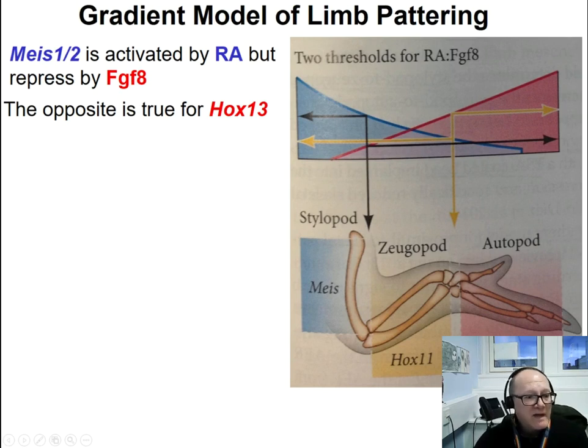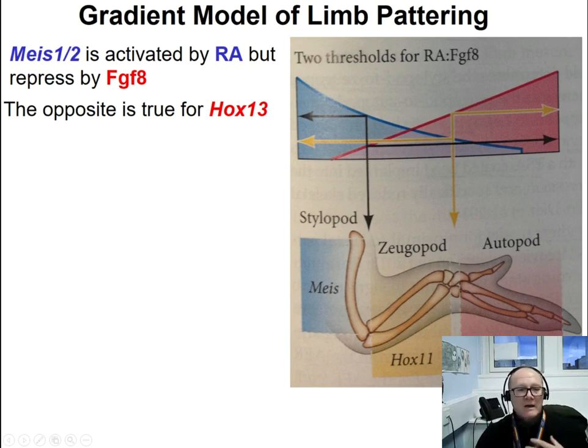And therefore, MEIS1 and 2 is highly expressed in the proximal part of the limb, where the stylopod is supposed to be, while HOXA13 is expressed in the autopod, the distal part of the limb, where we have a higher level of FGF8.